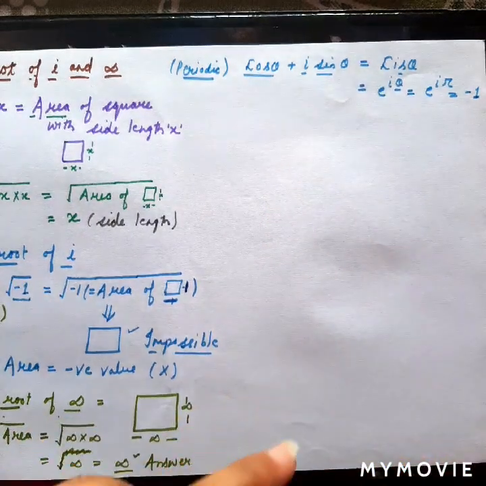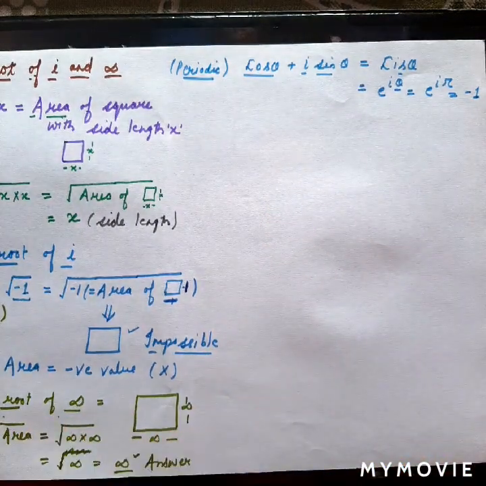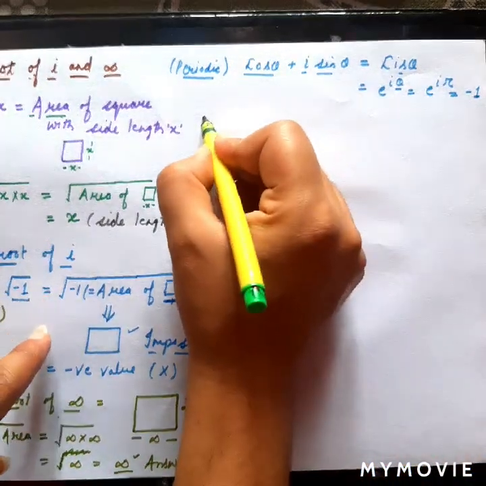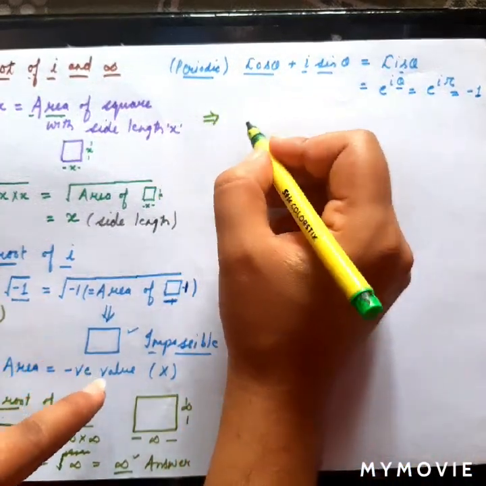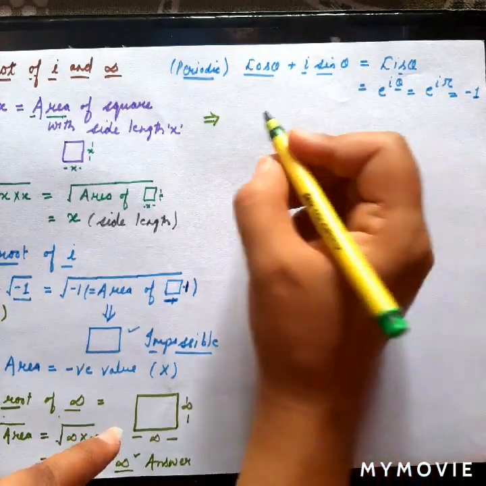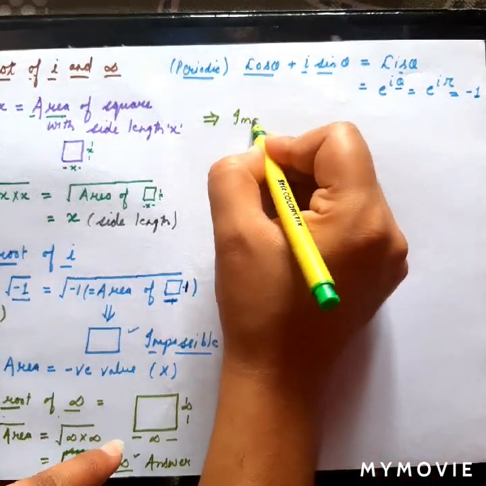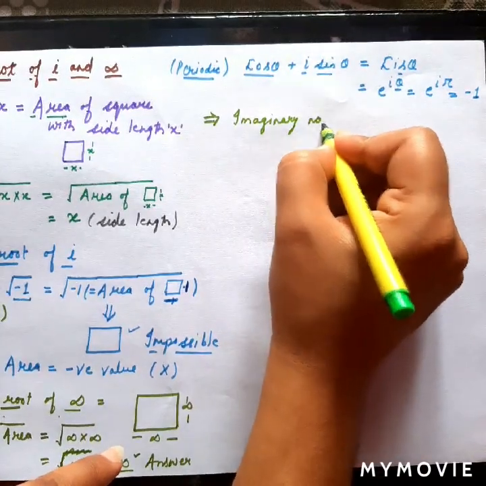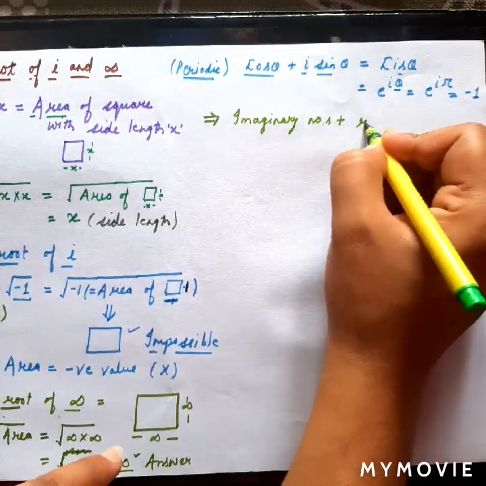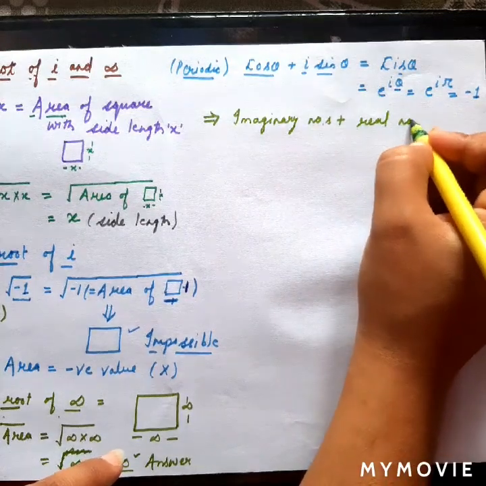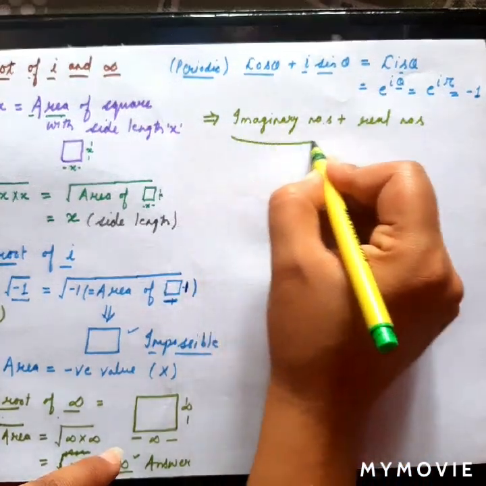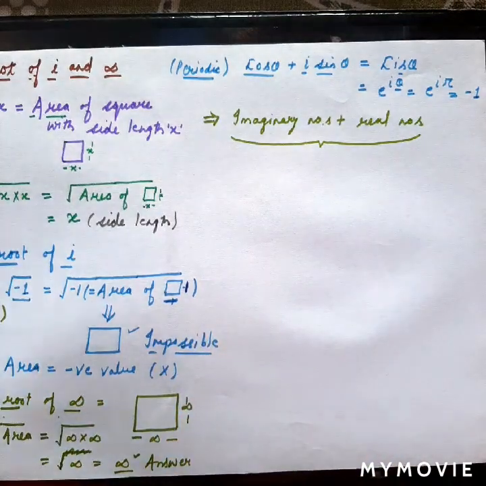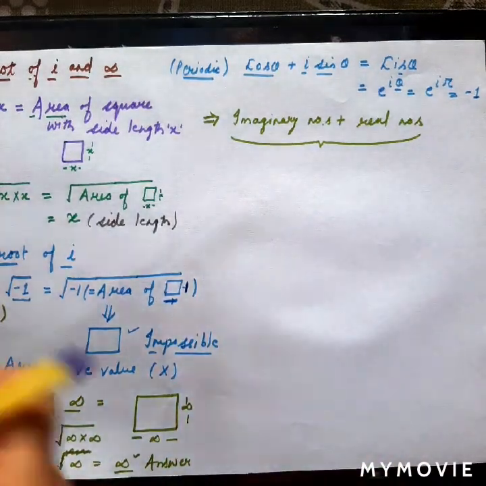And now we have many functions in mathematics where we write a combined form of imaginary numbers with real numbers. Imaginary numbers plus real numbers are combined to form a particular set of numbers, and this set of numbers is called what?